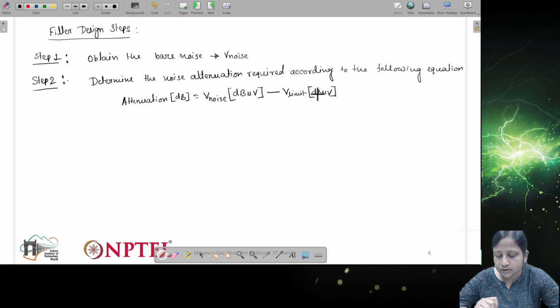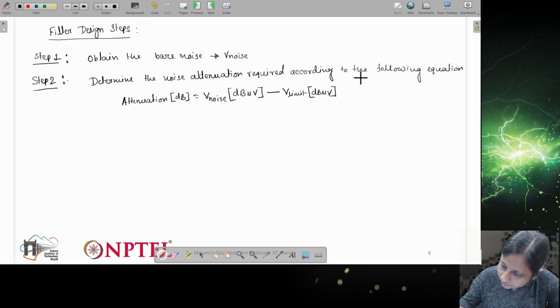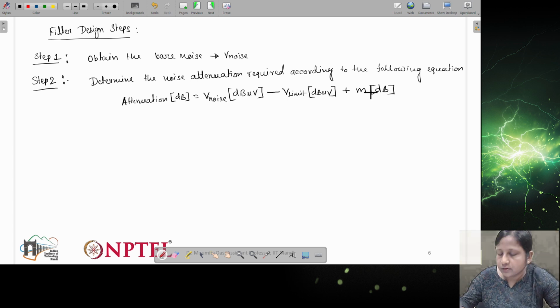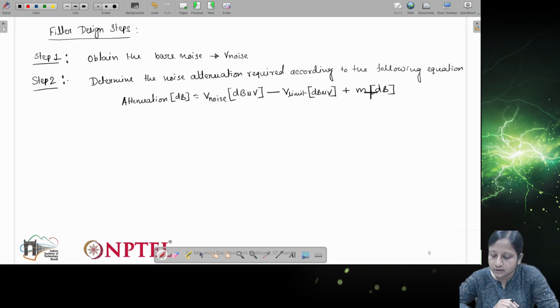Now we should get this attenuation, but this is not the only thing. We also have to add some safety margin. We can probably get the exact same attenuation level, but it is always better to have some safety margin. That is why this M is added.